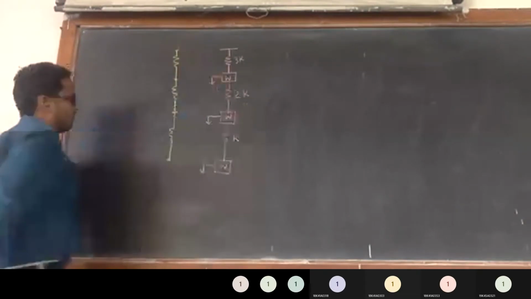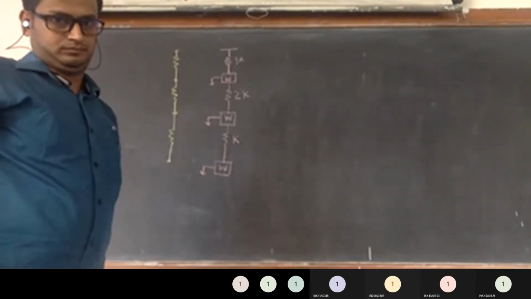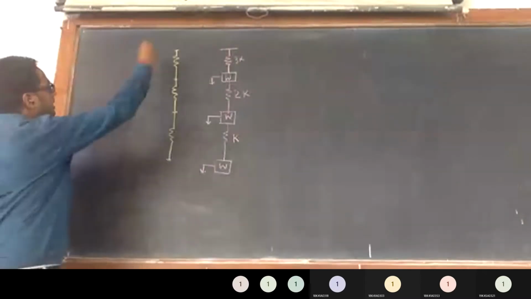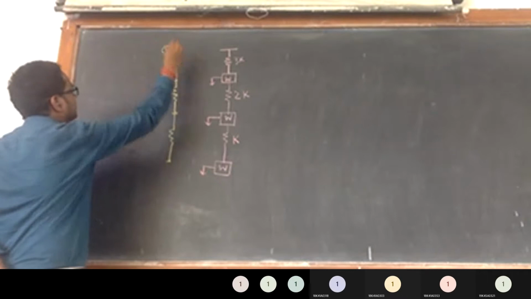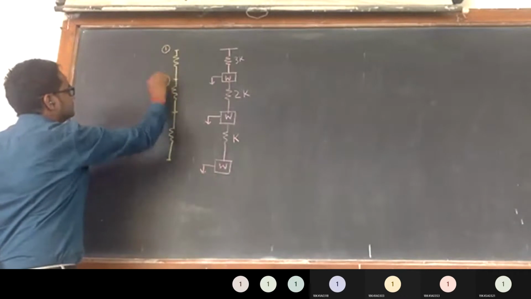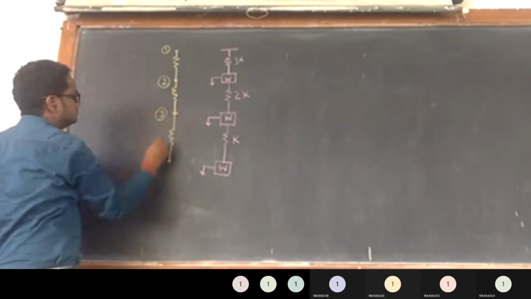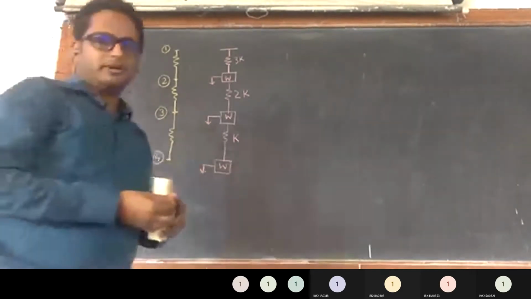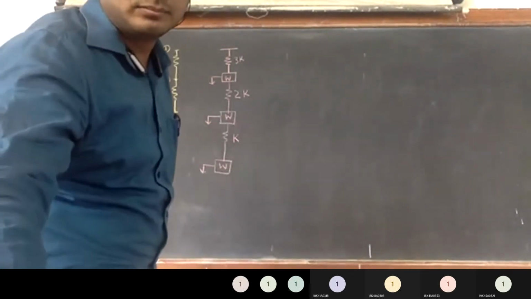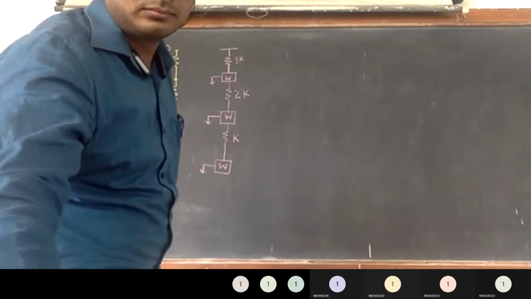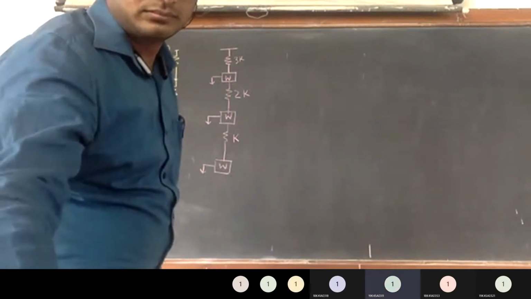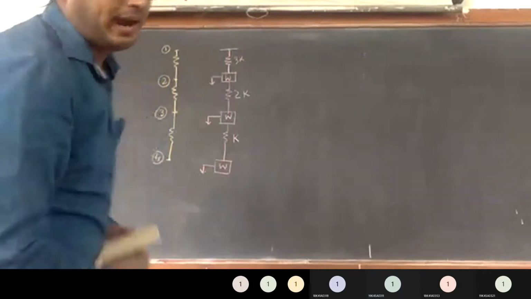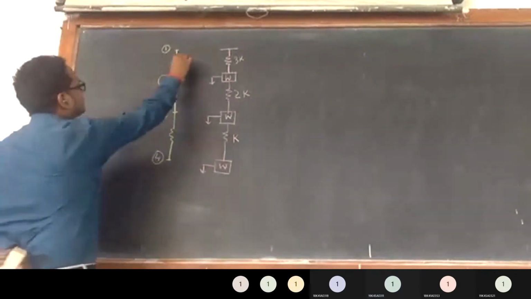So how many nodes do we have here? 4, sir. We have 4 nodes and the number of elements will be 3.